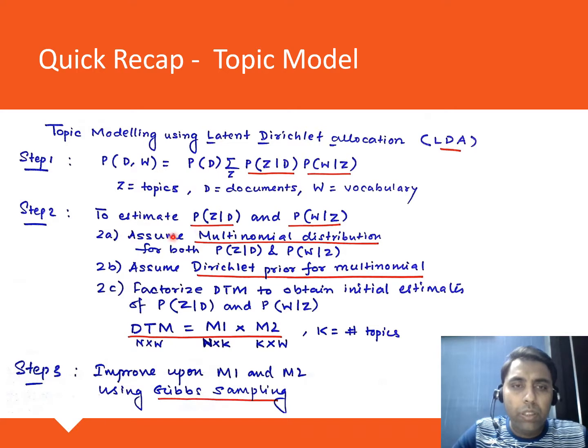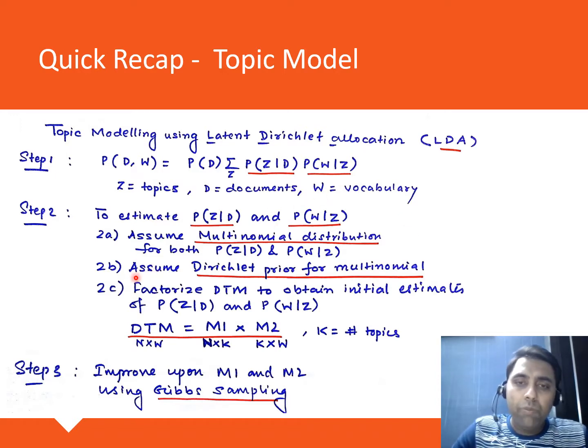So step 2 is essentially to estimate these two conditional probabilities, and the subparts in step 2 are: we assume a multinomial distribution for both z given d and w given z, because z given d is basically the conditional distribution of topics given document, and if we start off with an assumption of k topics, it's a distribution over k topics, which is where multinomial exactly fits, and similarly for w given z as well.